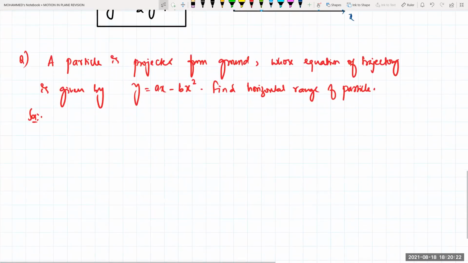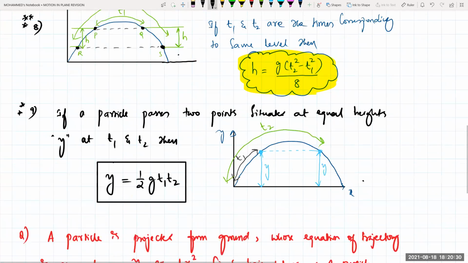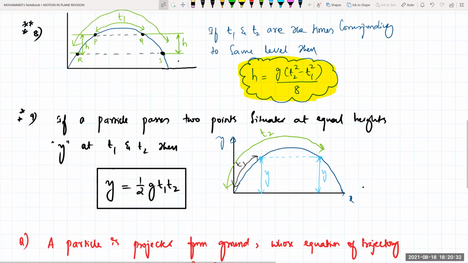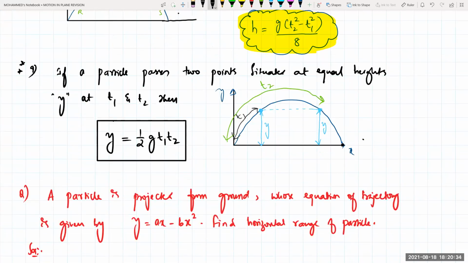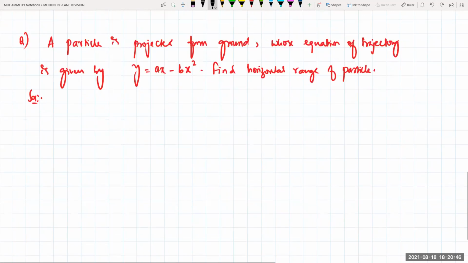What does the question ask? A particle is projected from the ground whose equation of trajectory is given, find the horizontal range. Now tell me, for the horizontal range, what will be y? Vertically it increases, becomes maximum, decreases, and finally comes to 0. For the range, the vertical displacement will be 0, do you agree?